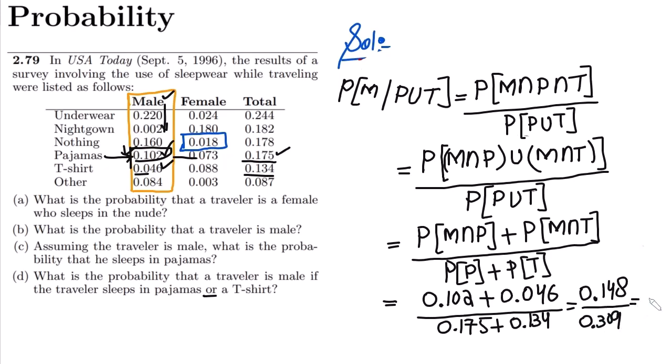The answer would be 0.478. So this is the solution of part D, where we have to find the probability that the individual is male if he wears pajamas or a t-shirt.